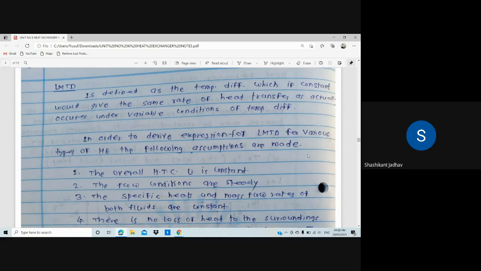Write down, the flow conditions are steady.